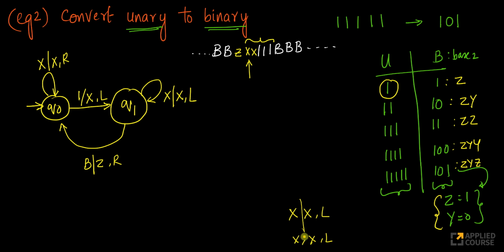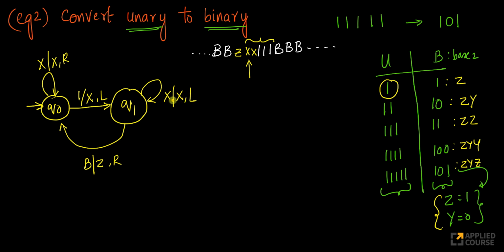Some people also write this as X comma X by L. So there are multiple ways of writing this. If you're reading a textbook where a different notation is used for each of these transitions, please don't worry about it. The concept is the same. It's just a notational convenience. I prefer this notation because I can read it as X being replaced by X and moving left.